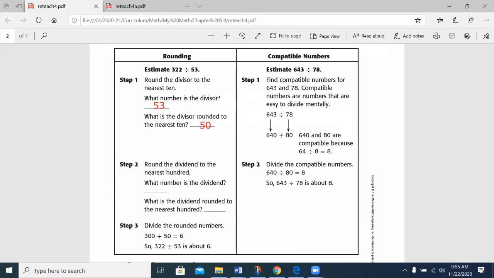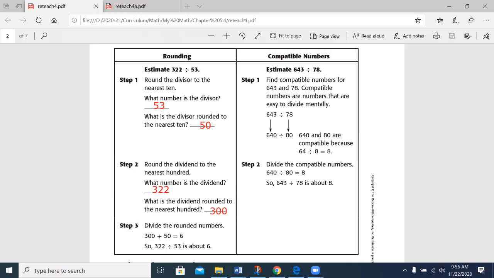So 53 goes to 50. Step 2, round the dividend, that's the number on this side, to the nearest 100. It won't always be the nearest 100. In this case, it is. So the number is 322, and now we have to round to the nearest 100. As I mentioned moments ago, this 2 tells you that that 3 will stay the same. So it'll be 300. And then I divide. 5 goes into 30 6 times. So my answer is about 6.